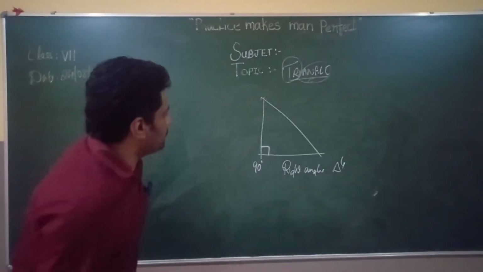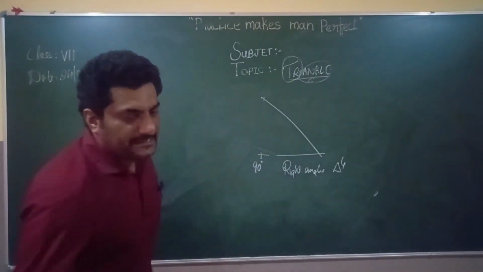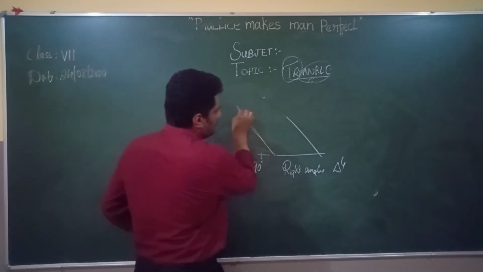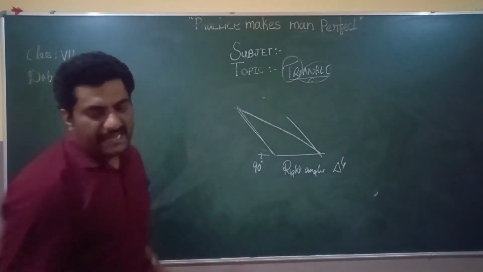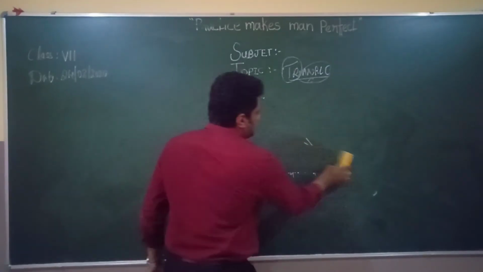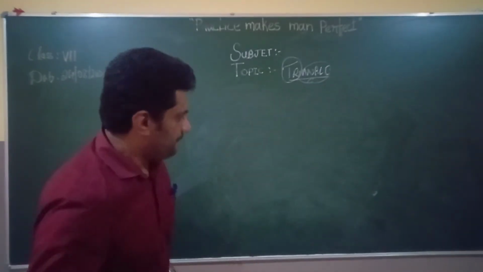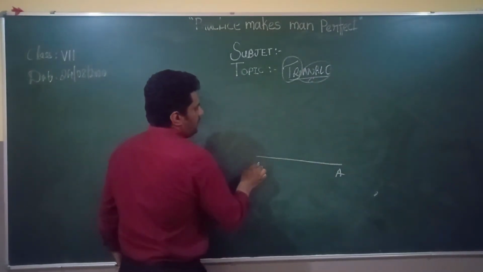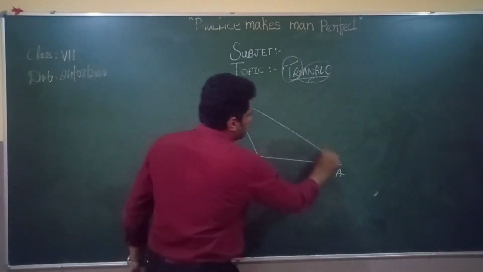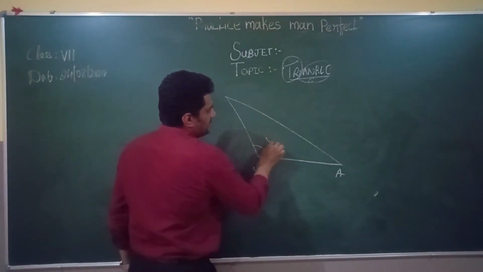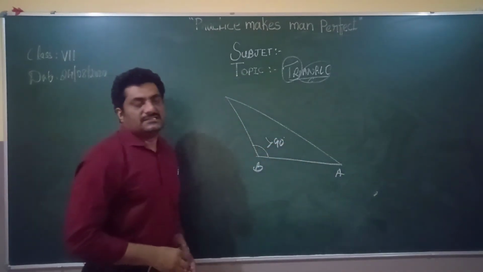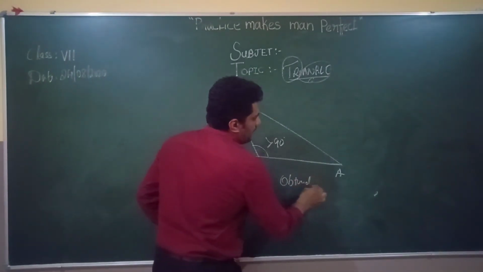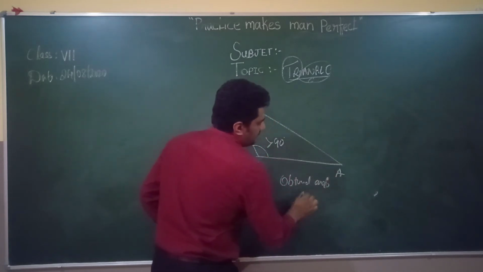If the angle is more than 90 degrees, greater than 90 degrees, then this triangle is called an obtuse angle triangle.